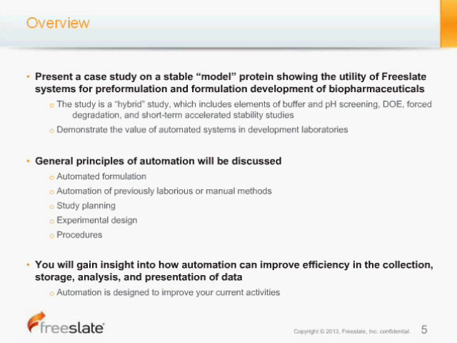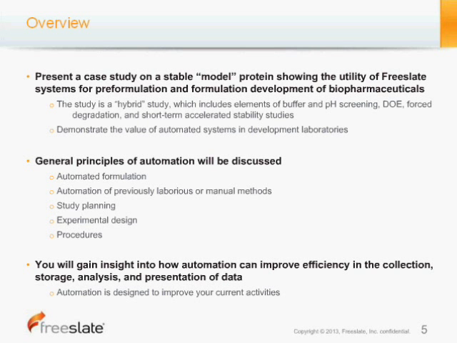Some of the general principles I'll be discussing will be how to use the automation to create formulations using liquid compounding, and also to automate previously laborious and manual methods that can be very strenuous on the analyst. I'll talk about the study planning, experimental design, and the different procedures that we use to implement the automation to work on such studies.